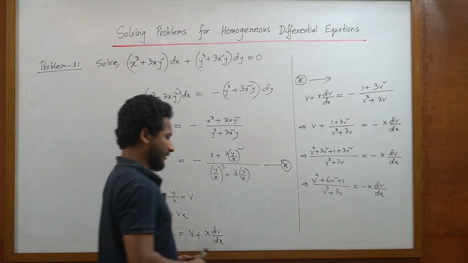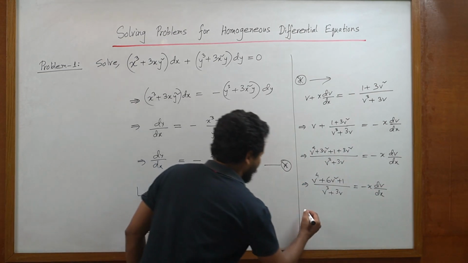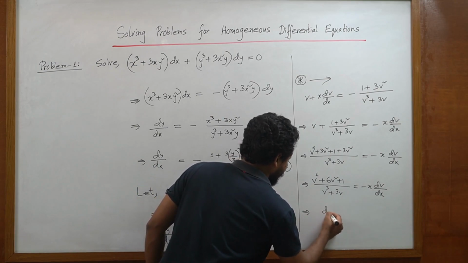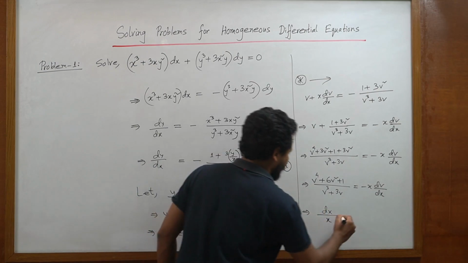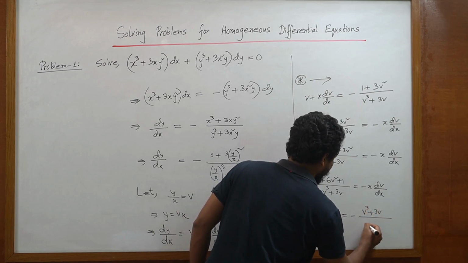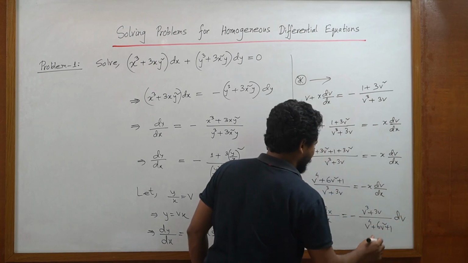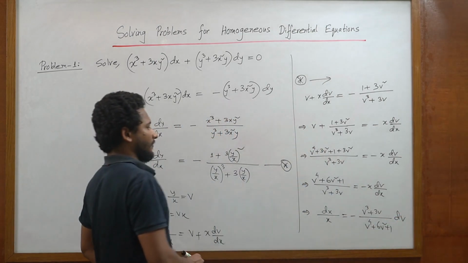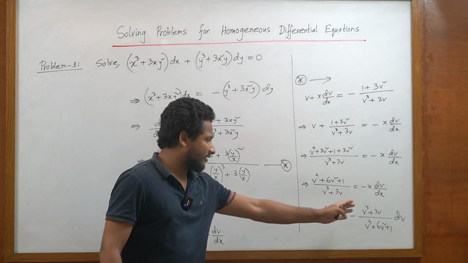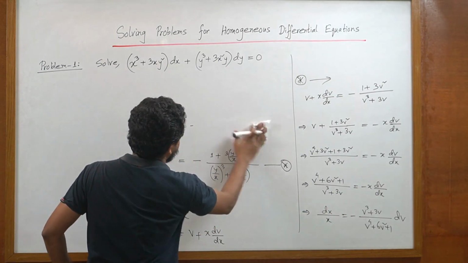Now we get dx/x = −(v³ + 3v)/(v⁴ + 6v² + 1) dv. Now we will integrate on both the sides.